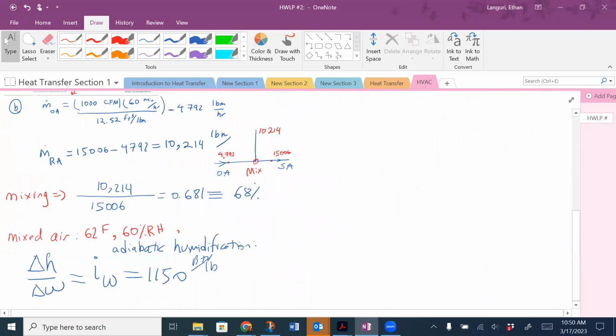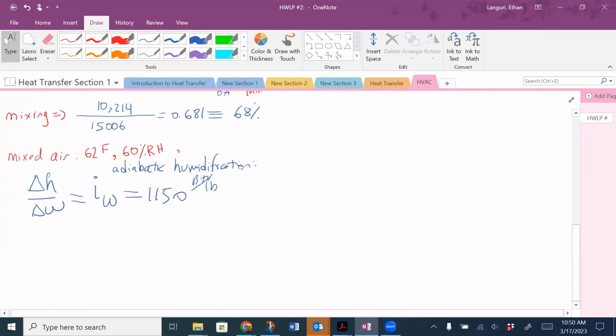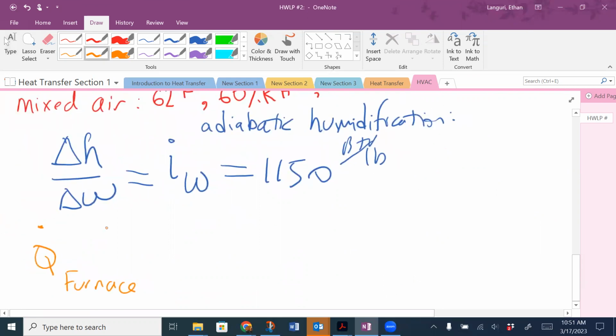So now that I have the enthalpy of point A, I can go ahead and calculate Q of the furnace, equal to m dot of the supply air, 15,006, times delta of the enthalpy of 34 for my point A minus 22.6, that should be for my mixed return, my mixing into the furnace.